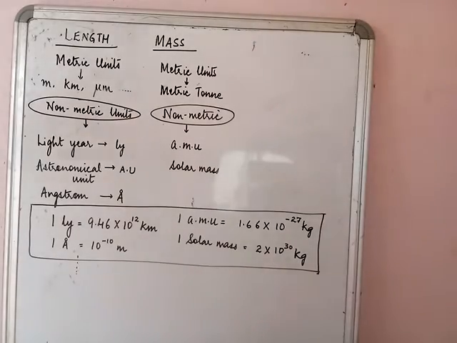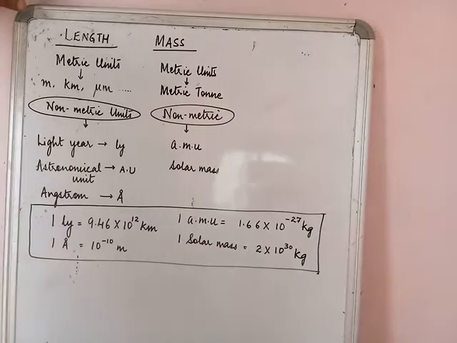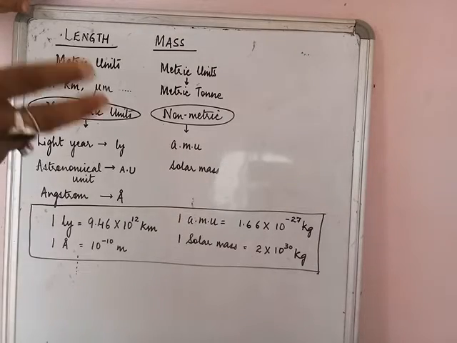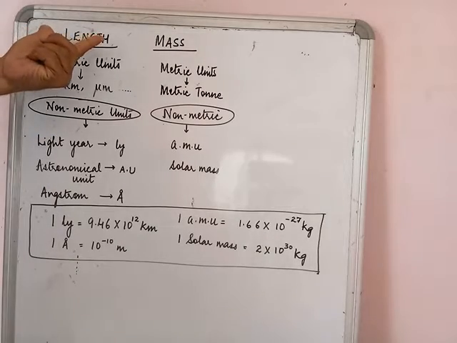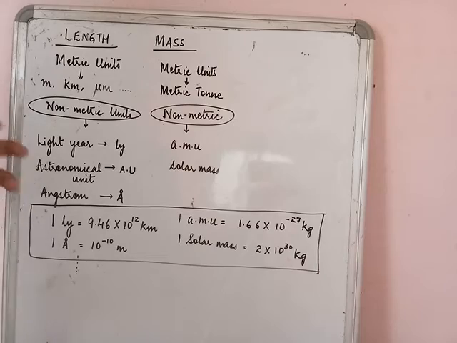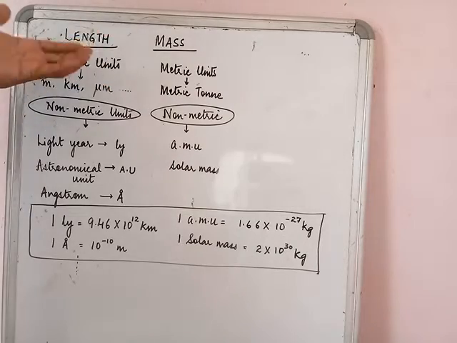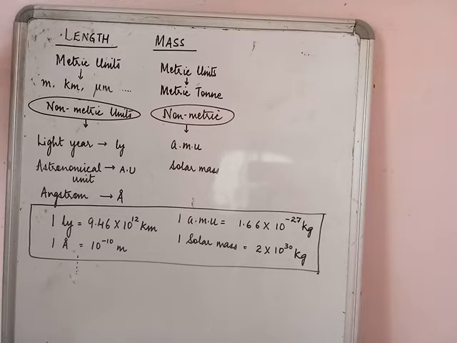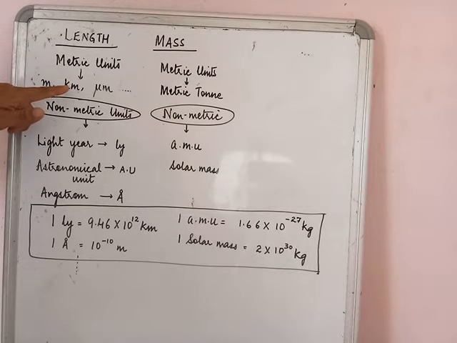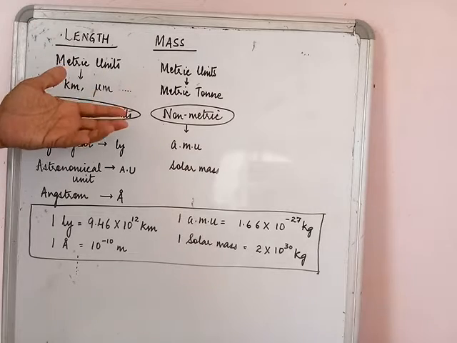Okay, children, the next thing that we have to discuss is the difference between the metric units and the non-metric units. We'll take for example again those basic physical quantities, length or the distance, and then we have mass. Till now what we have discussed is kilometers, meters, micrometers, millimeters.